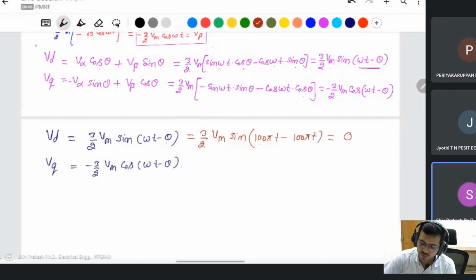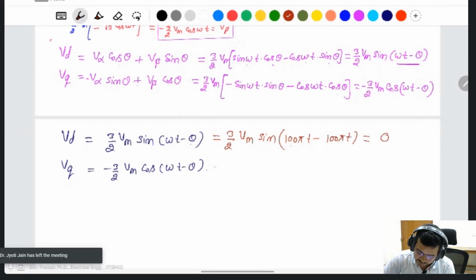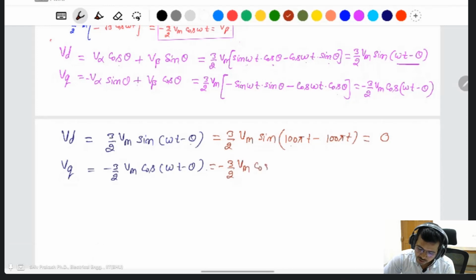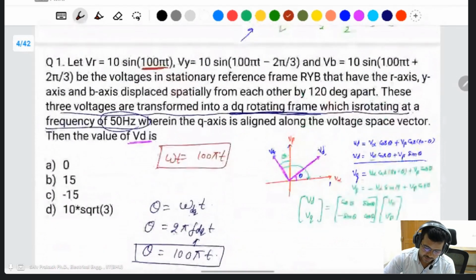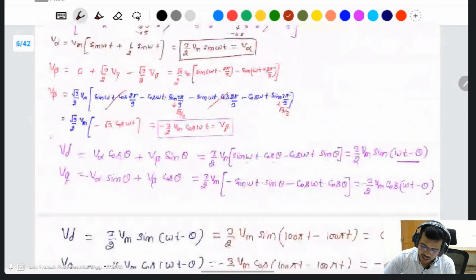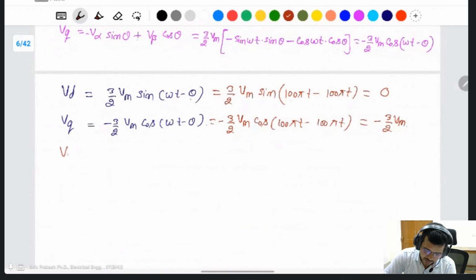Sin 0 is 0, so the Vd value is 0 in this question. Minus 3 by 2 Vm cos(100 pi t minus 100 pi t), cos 0 is 1, so minus 3 by 2 Vm. Vm is given in the question as 10. Then Vd is 0, and Vq is minus 3 by 2 into 10, which is minus 15.